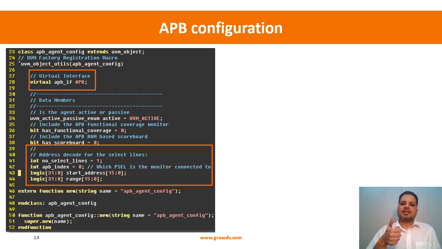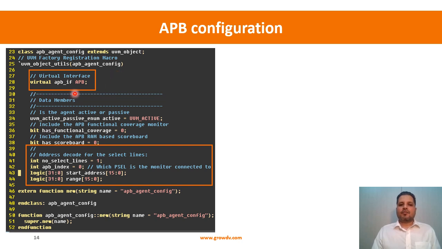So we have looked at the sequence, and we have looked at the corresponding sequence item and how that gets implemented. Now let's look at the configuration, and after that we'll jump into more details of the agent. So we have the APB agent config, which extends the UVM object, and it's doing the object-based registration to the factory.